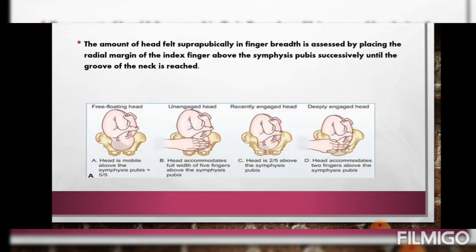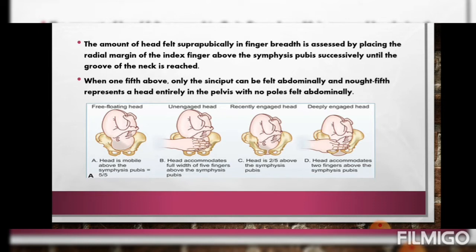You can see here how you can examine. Over the abdomen, when you feel with two fingers, you can easily find out how much the head has descended.